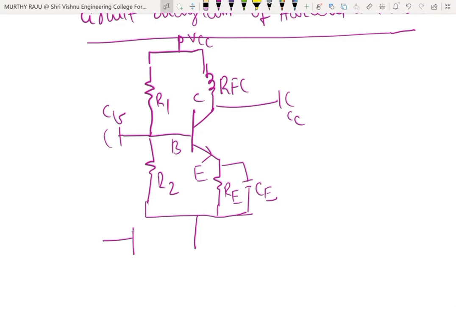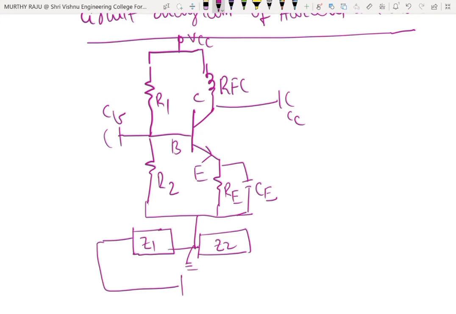This one is the feedback network, Z1, Z2. Here connected to ground. Z3.